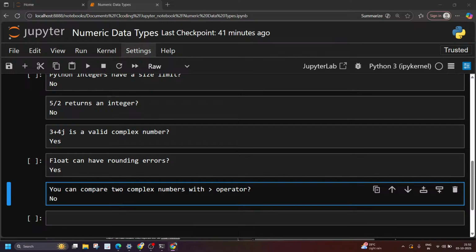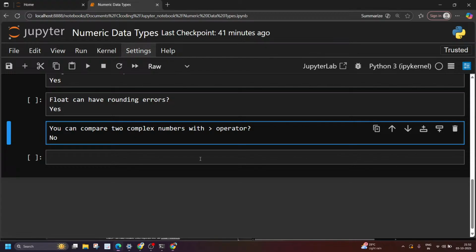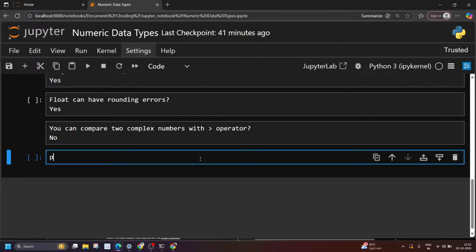Okay, let's start our code part. We'll start from the basics. Tell me what this will print.